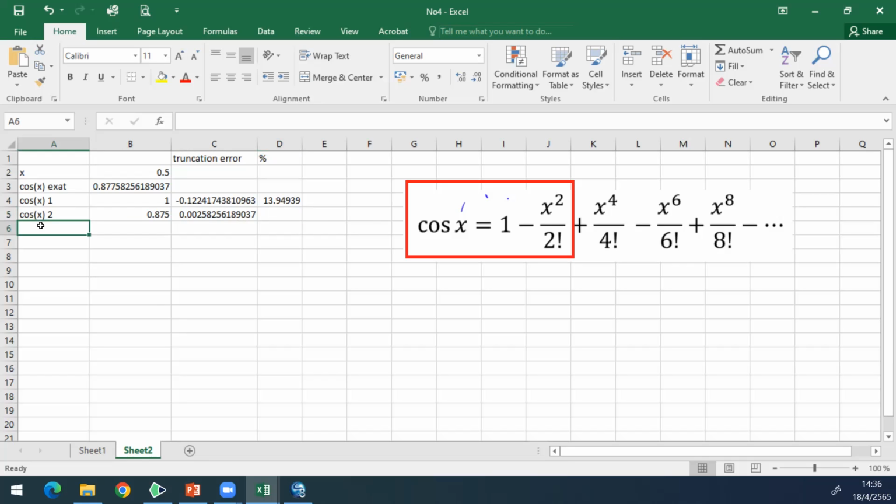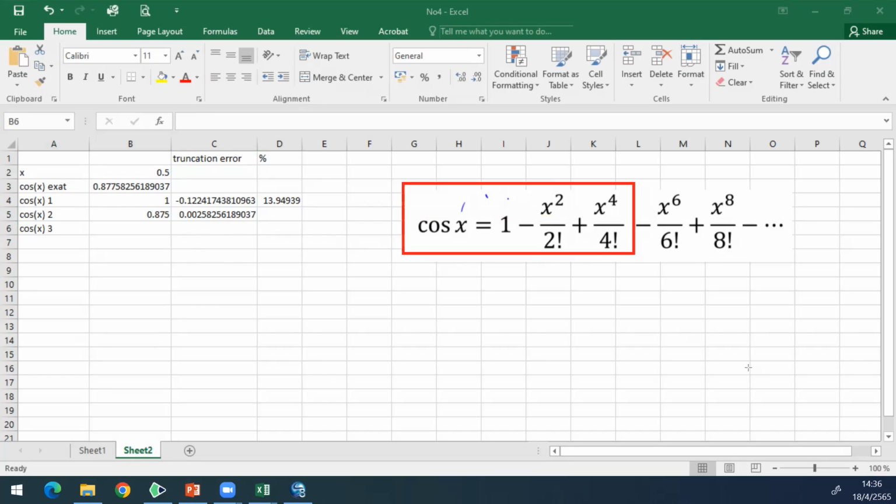So then, what do we mean for the case of three terms? Three terms, what does it mean? We use this term, right? So what happened?